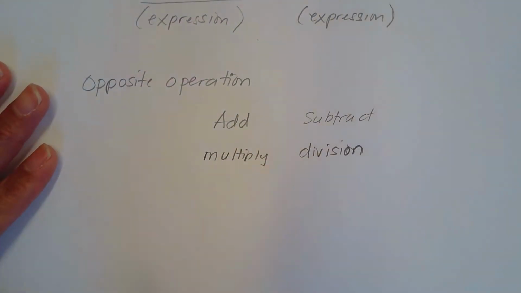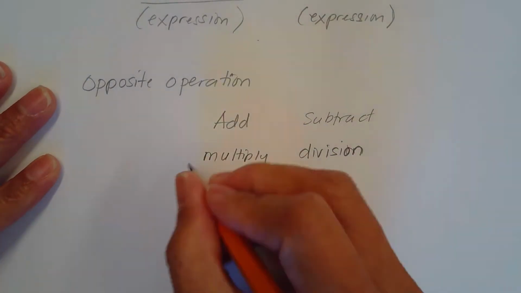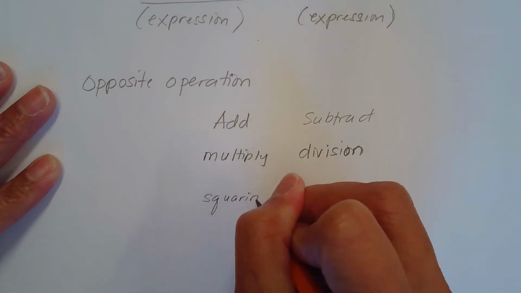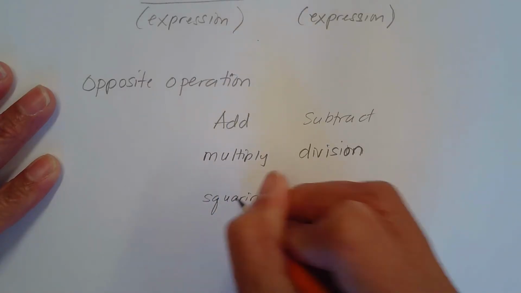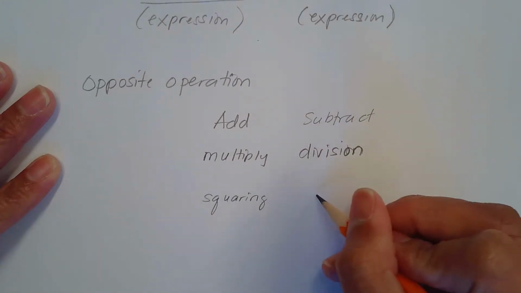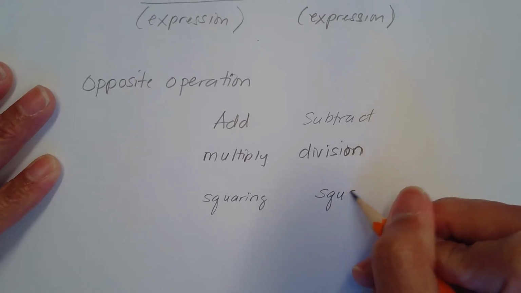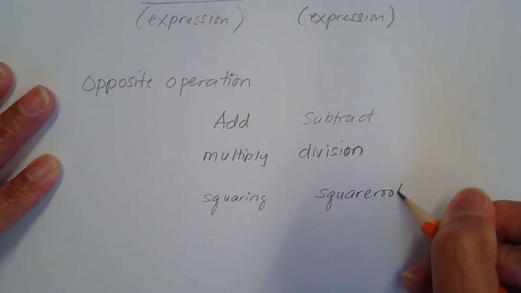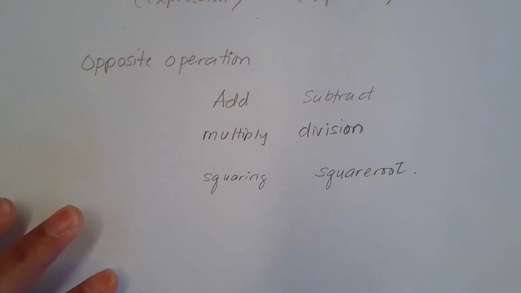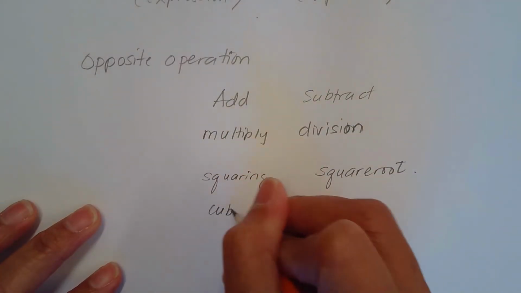I'm going to write this down, but we might see it later on anyway. What is the opposite of squaring? Squaring, the opposite is square root. Okay? To square a number, the opposite of that is square root. What about cubing?